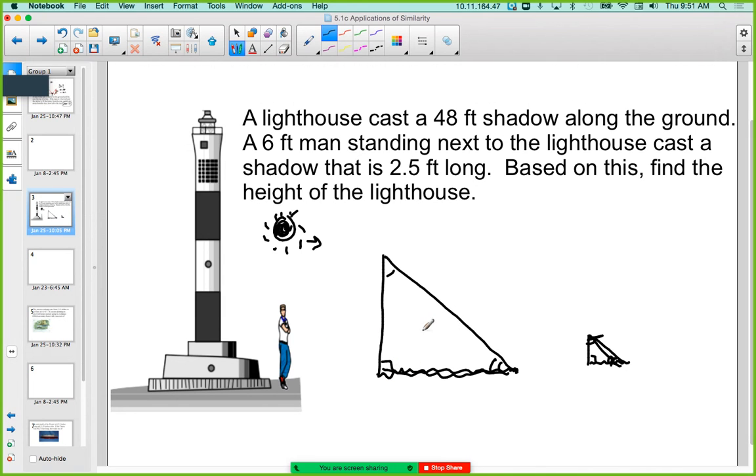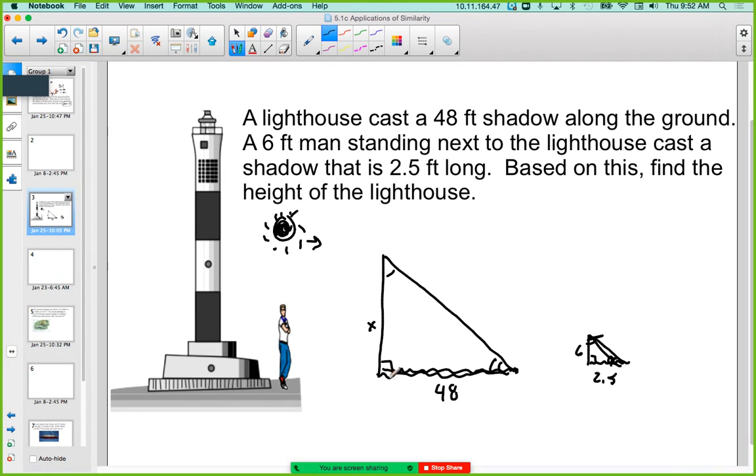Okay, so let's see. Now the nice thing is these are all in the same units. They're all in feet. Okay, so let's fill in our blanks here. The lighthouse casts a 48-foot shadow, so this is the lighthouse shadow. The 6-foot man, so it's another 6-foot man, stands next to the lighthouse and casts a shadow of 2.5 feet. How tall is the lighthouse?